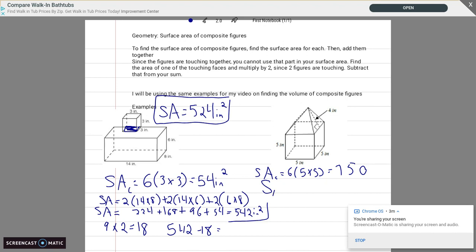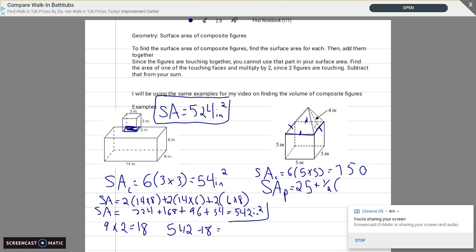I did post a video on the surface area of a pyramid, so if you are unfamiliar with how to do this, I highly recommend you go check that video out as well. My formula is the area of the base of my pyramid, which is 5 times 5, so that's 25, plus 1/2 times the perimeter. Because the pyramid is sitting on a cube, all of the sides are the same.